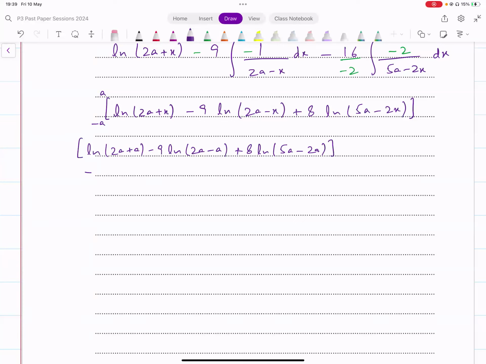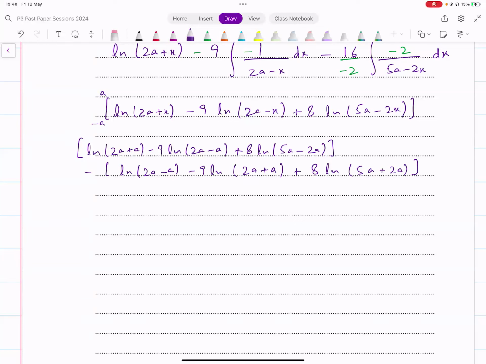Subtract from this the case when you input x equal to minus a. That gives you ln of 2a minus a, minus 9 into ln of 2a minus a, that becomes 2a plus a, plus 8 into ln of 5a minus 2 into minus a, that becomes plus 2 times a.